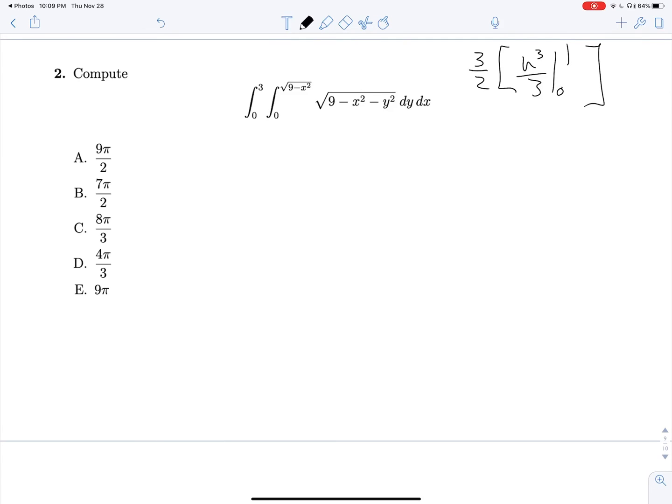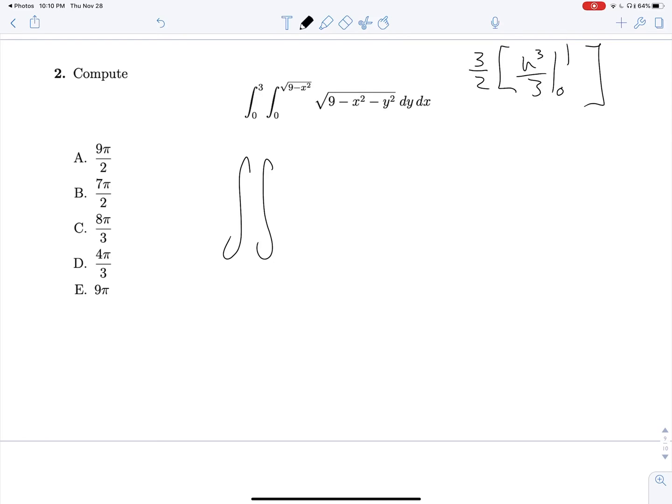Let's compute this one. All we have to do is convert to polar coordinates. Let's see if we can practice doing this without a graph, even though it's not even a good skill to have for the exam, really, because graphing things out is always your friend.